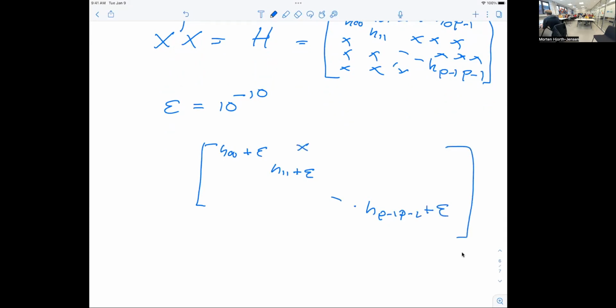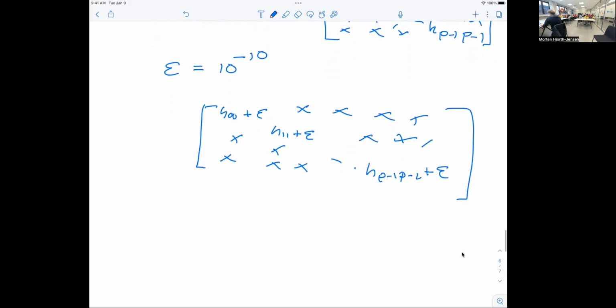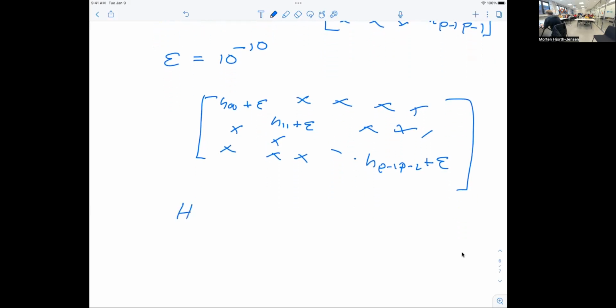And then I'm just marking with X's all the other matrix elements. You can convince yourself of this with a simple 2x2 matrix which has a determinant which is 0. So in principle, this means that your H goes over to H plus some lambda multiplied by the identity matrix.